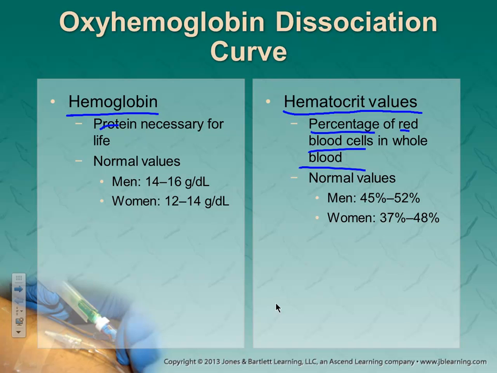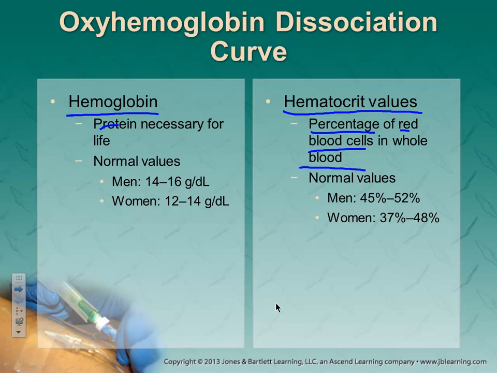Hemoglobin is going to be in the hematocrit, all right? So they would actually have to break the hematocrit down to get the hemoglobin levels, right? Because the hemoglobin is the protein that's in the red blood cells that carries oxygen.